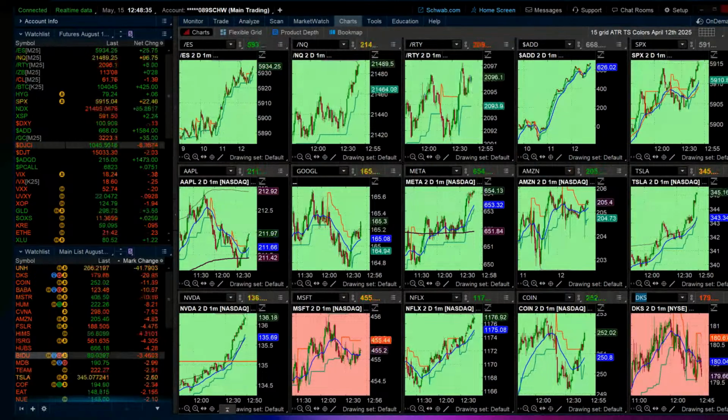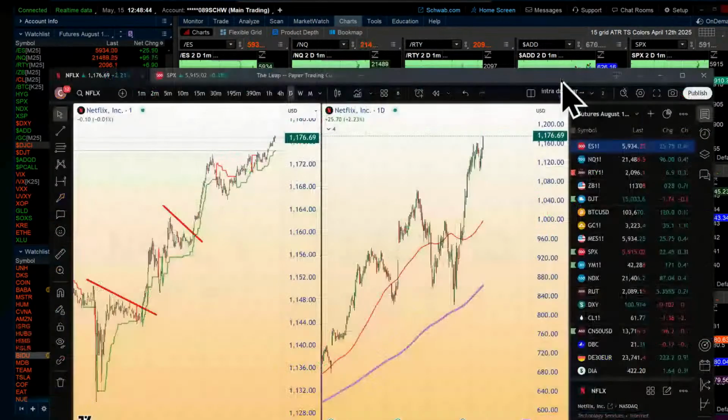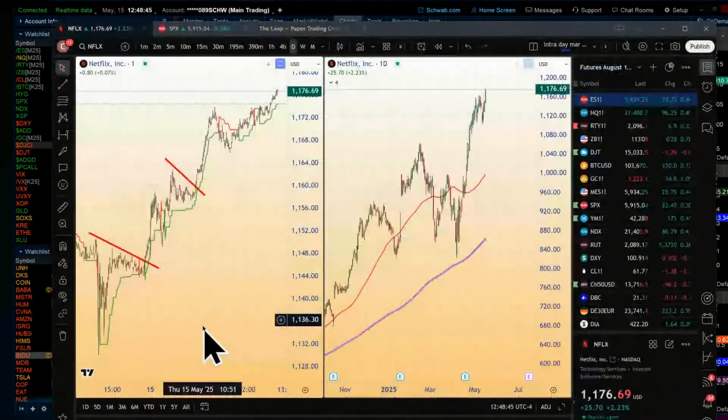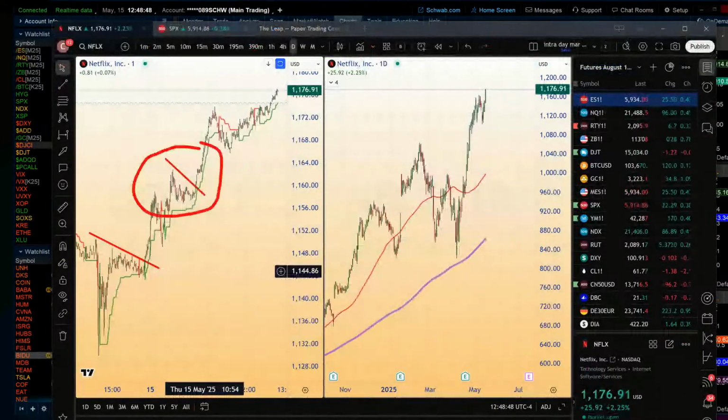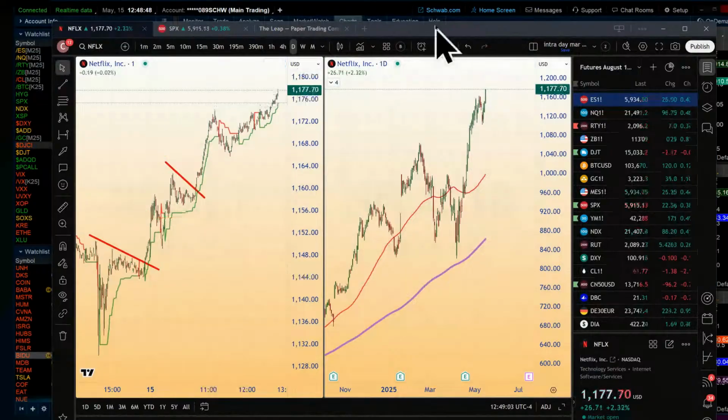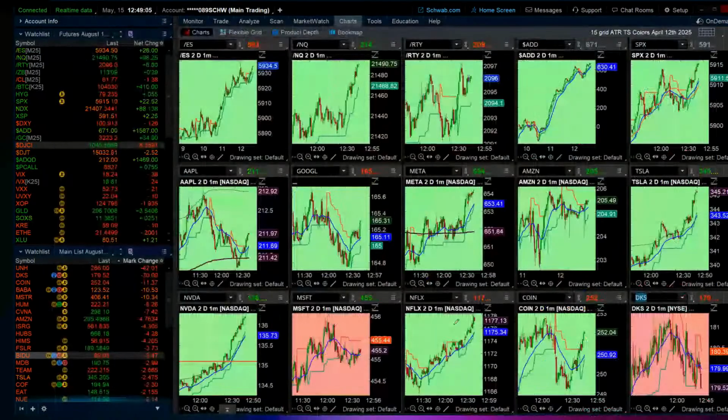I know a lot of people look at squeezes. That's fine, but keep in mind that a squeeze does not mean a bull or bear flag. It can be an extremely sloppy pattern. So if I see this pop up on my scan, yeah, that's a squeeze. Almost all bull and bear flags are squeezes, but not every squeeze is a bull or bear flag. But I also have up a ton of stocks so I can visually inspect them.